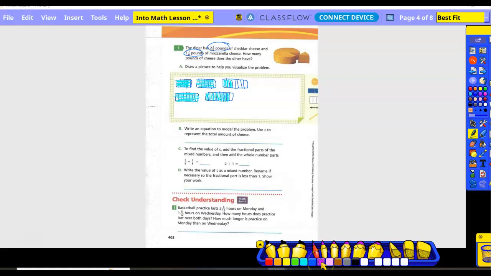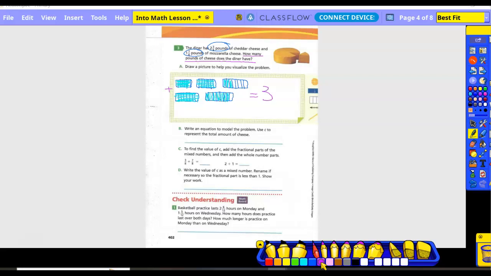Okay, are we adding, subtracting, multiplying, or dividing? Adding this time, right? Because they have the cheddar and they have the mozzarella and they want to know how much total they have. So we're going to add these together. So how many wholes do I have total? 2 here and 1 here, so 3, right?